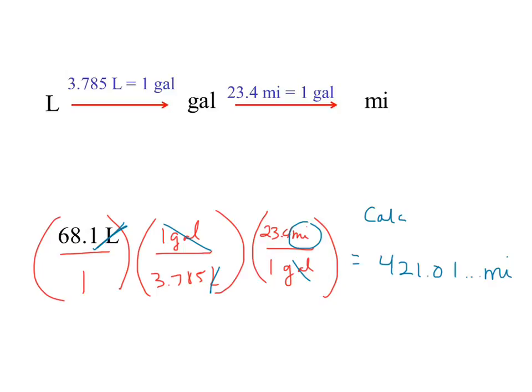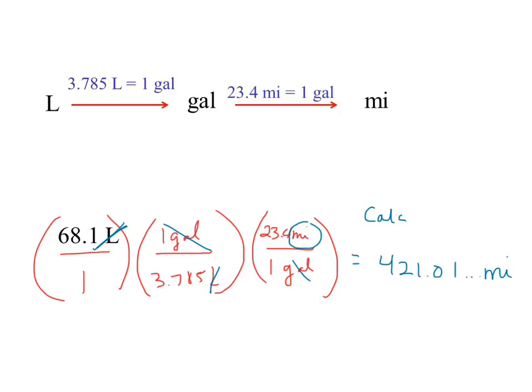You should carry over what your calculator displays and then do one division, or one rounding, at the end. Would you go by these numbers for how many significant figures, or these numbers? No, you need to go back to the original.